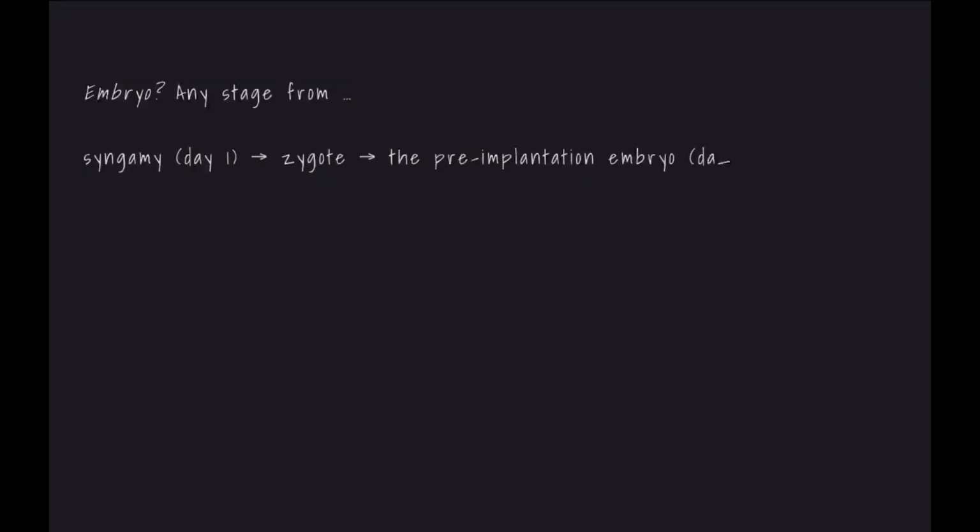The word embryo can be used to cover all stages from syngamy to 7 weeks, although one can also talk of the pre-implantation embryo up to 7 days. In talking of the early embryo, one typically means the embryo up to the 14th day.